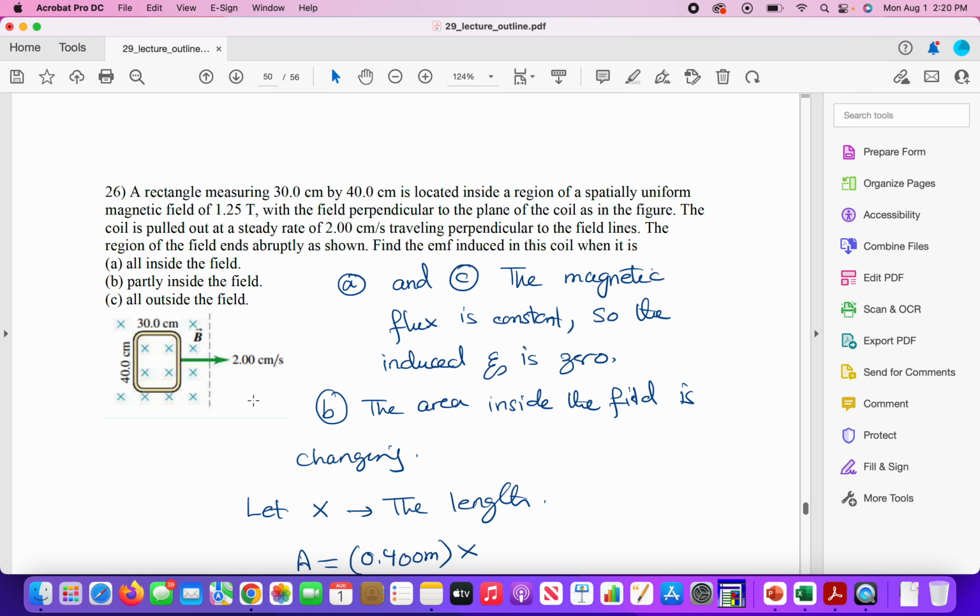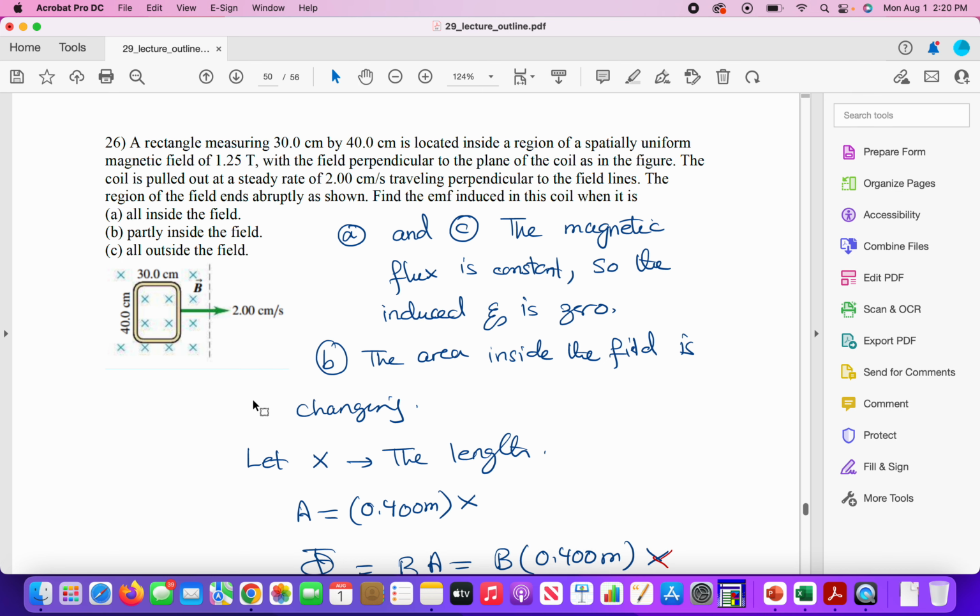Now the next question: we have a rectangular coil measuring 30 centimeters by 40 centimeters. This is, of course, to calculate the area. It is located inside a region of spatially uniform magnetic field of 1.25 Tesla, with the field perpendicular to the plane of the coil as in the figure.